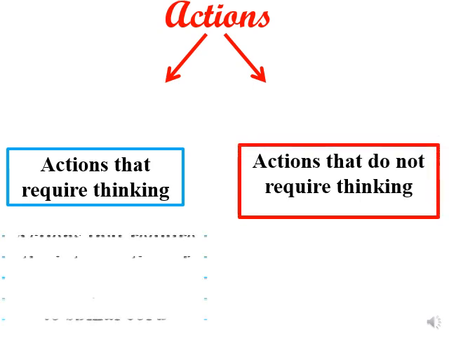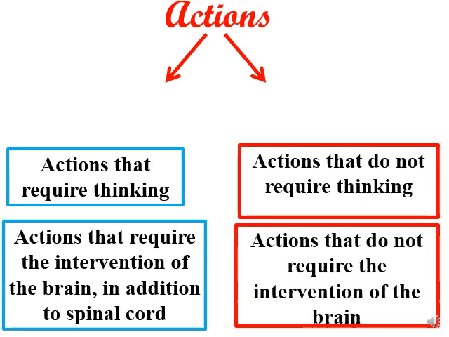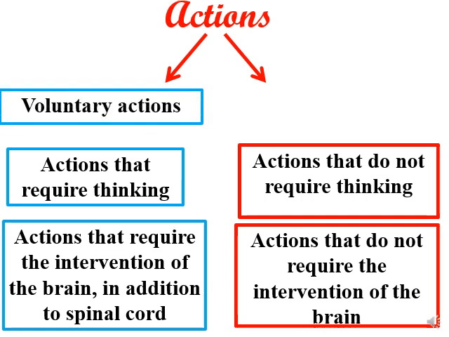Actions are of two types. We have actions that require thinking and actions that do not require thinking. Actions that require thinking require the intervention of the brain and the spinal cord, whereas actions that don't require thinking also don't require the intervention of the brain.